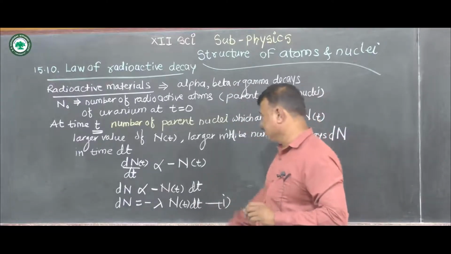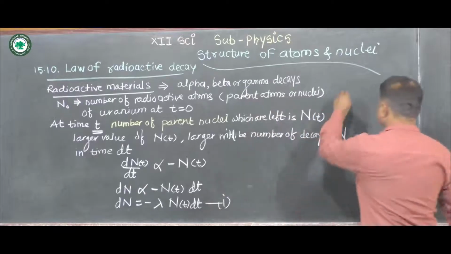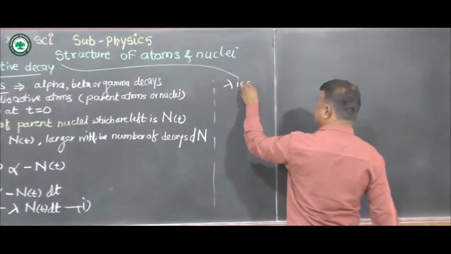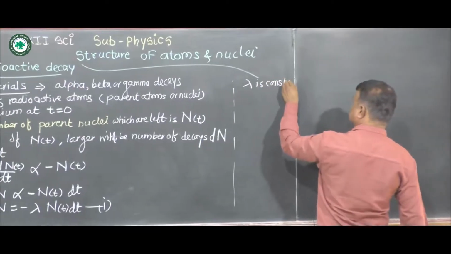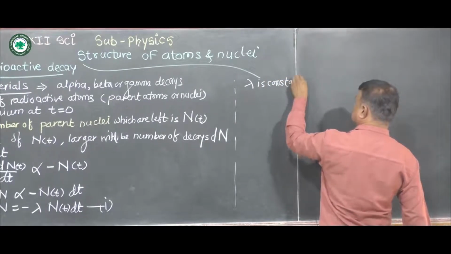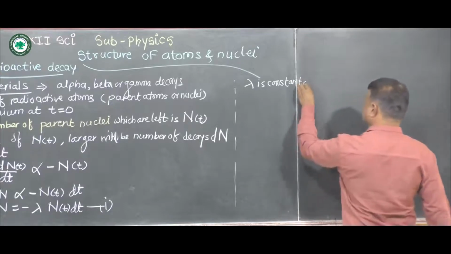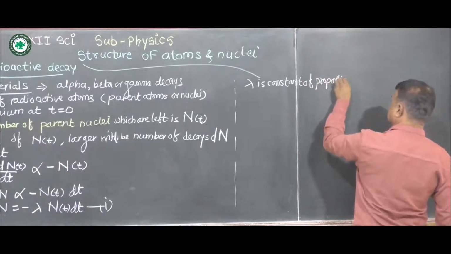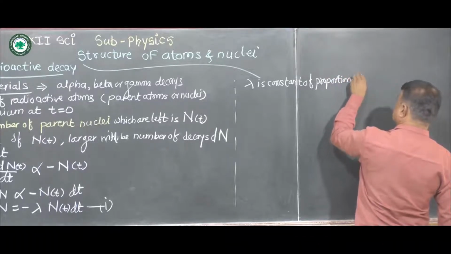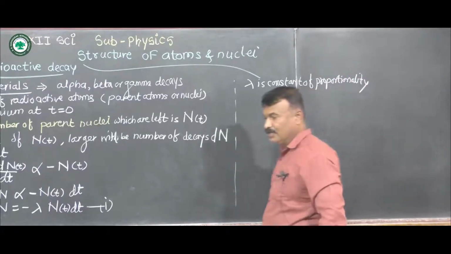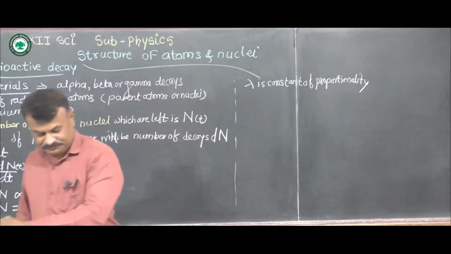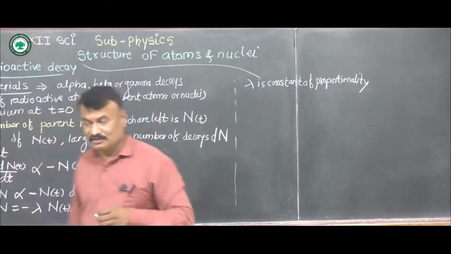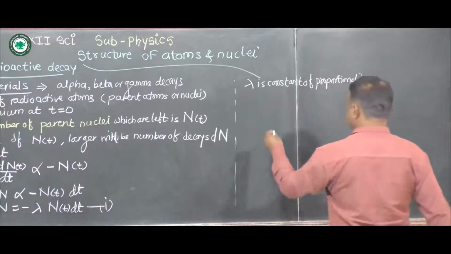In this case, this lambda is a constant of proportionality, which is called the decay constant.